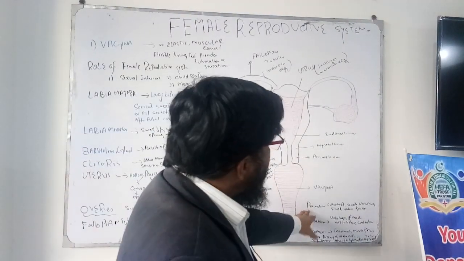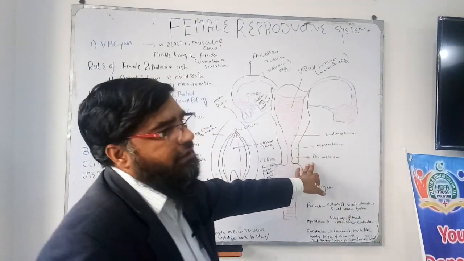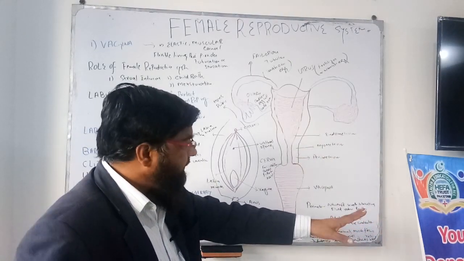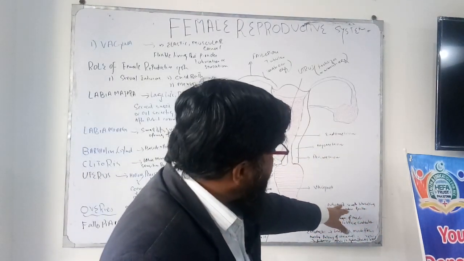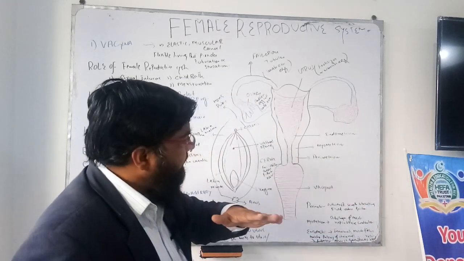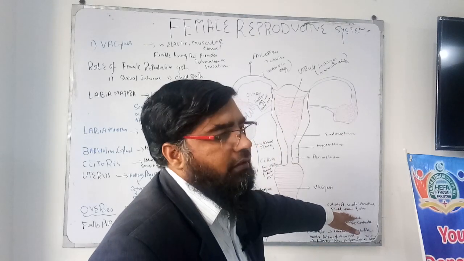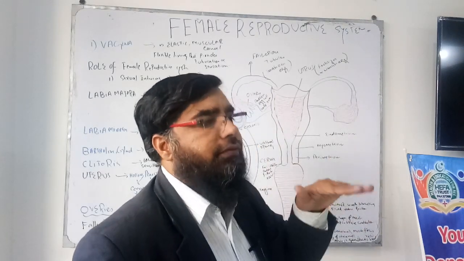So what is the perimetrium? As we discussed, the perimetrium is the outermost layer. And what is its function? It secretes lubricating fluids which reduce friction.